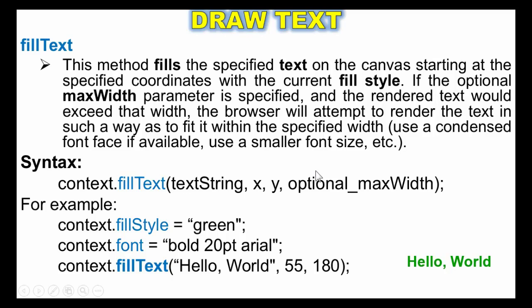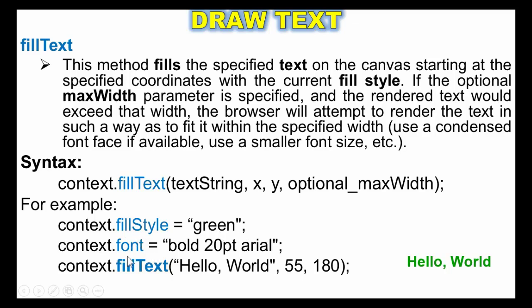The syntax is we write the keyword context followed by a period with the command fillText. You specify a text string so that it will draw that text. You specify the location x and y, and then the optional maximum width of that drawn text. For example, the command context.fillStyle is green.